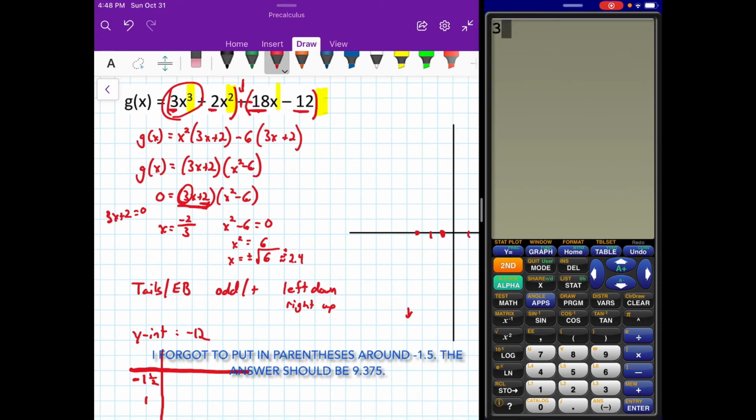We're going to do 3 times negative 1/2 cubed, plus 2 times negative 1/2 squared, minus 18 times negative 1/2, minus 12. That gives 0.375.